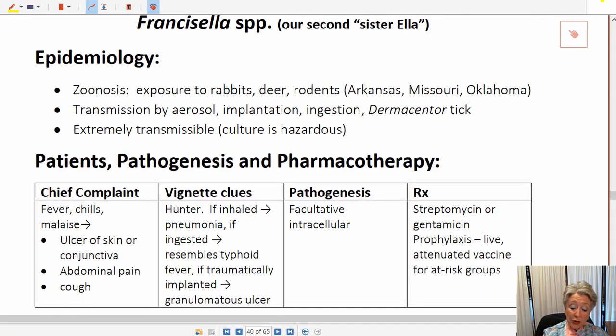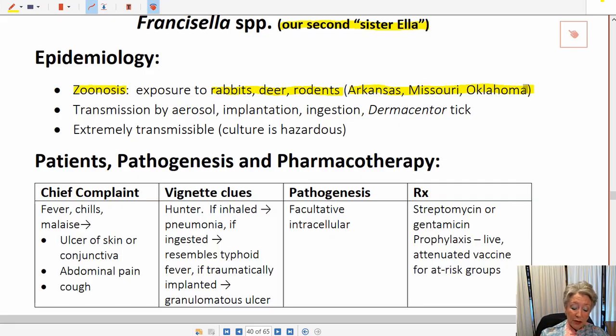Our second sister Ella, requiring cysteine and iron, is also a zoonosis. Francisella, also on the bioweapon watch list for the same reason as Brucella. So notice exposure to rabbits, deer, or rodents, and the key states: Arkansas, Missouri, or Oklahoma.